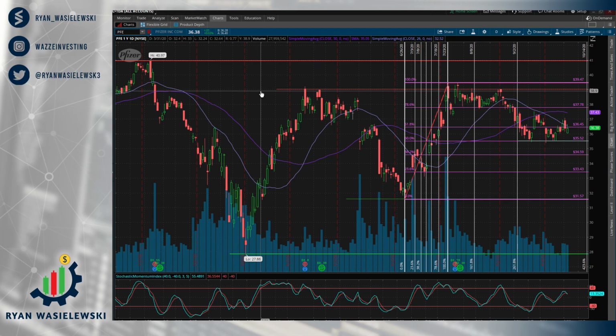To sum things up, if you're looking at investing in Pfizer, I think right now could be a good opportunity, as this formation and the stochastic indicate that it could have a good rebound. In addition, I think Pfizer is a very solid company for the long term, if that's your intention. It has a solid dividend of a little over 4%.